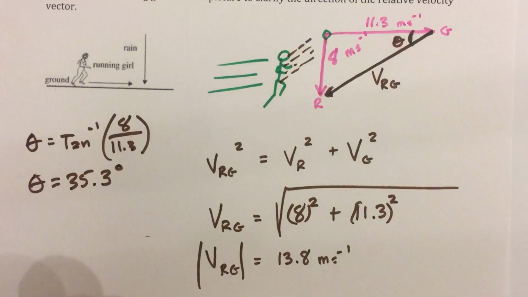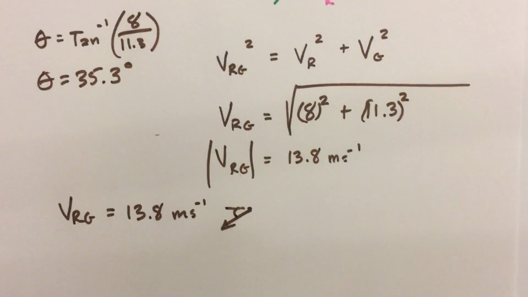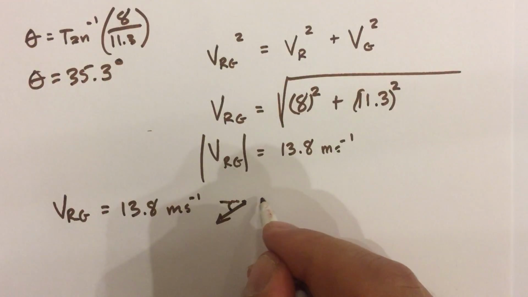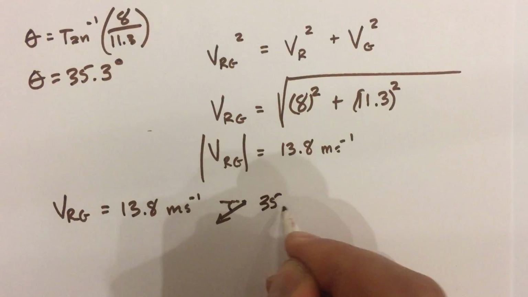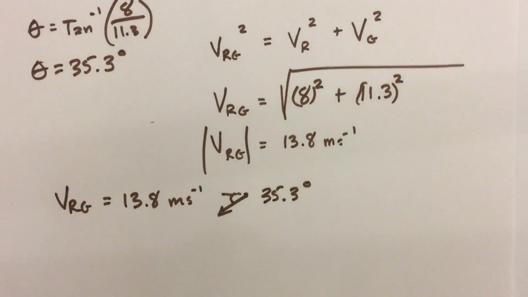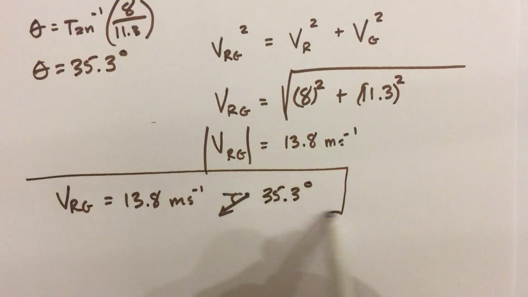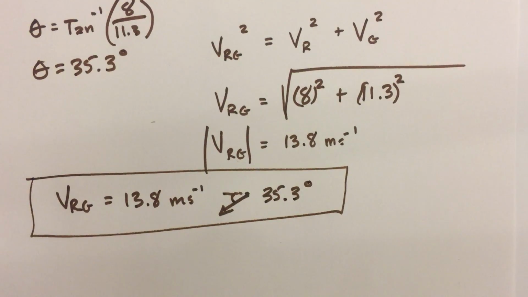The velocity of the rain relative to the girl is equal to 13.8 meters per second, at an angle here of 35.3 degrees. Excellent. All right. That's practice 1.3 and number 4 wrapped up.